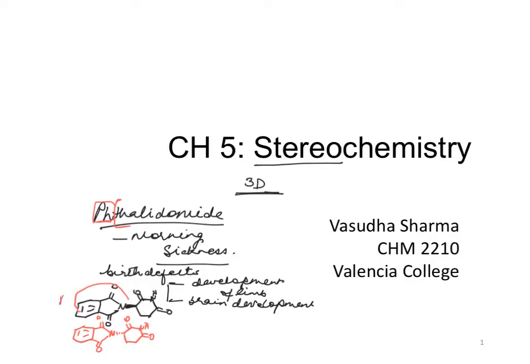And it is the R form, which we'll talk about in this chapter as to what that R means. But it is a clinically used drug. But back in the day, they did not know the difference between R and S form, so it was just given as a mixture. So it was kind of like 50% R, which is the bioactive form, and 50% S, which is the form you do not want, which is what was causing the trouble.